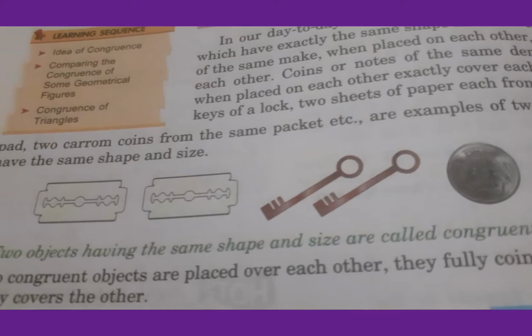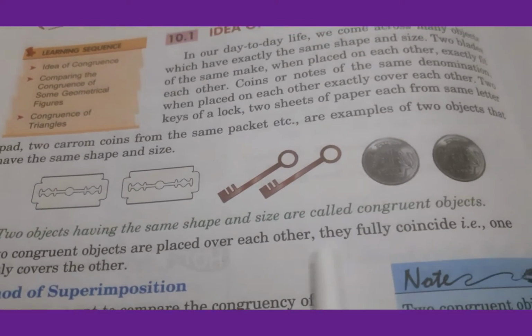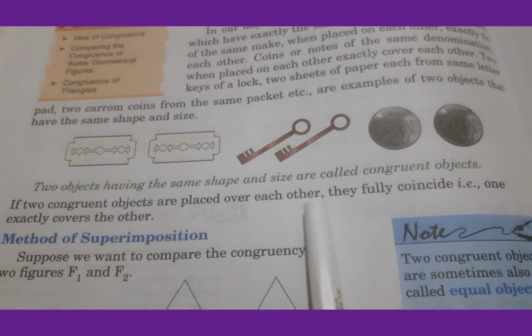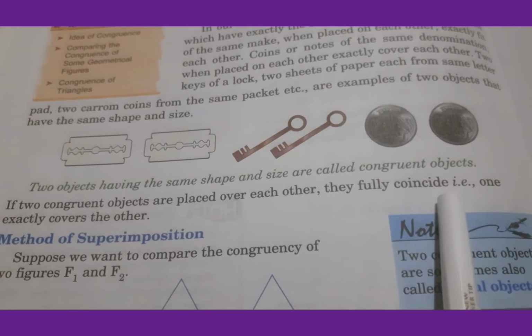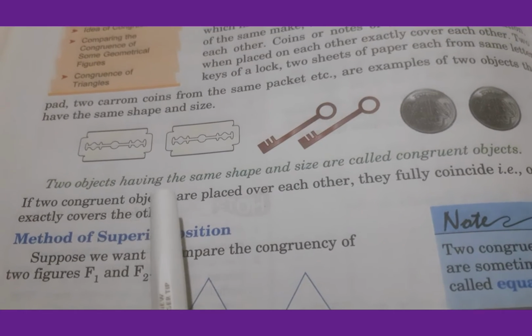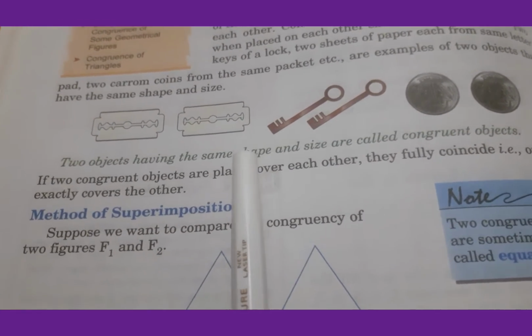So again, two objects having the same shape and size are called congruent objects. If two congruent objects are placed over each other, then they fully coincide, that is, one exactly covers the other. So we can say these two objects are congruent to each other.